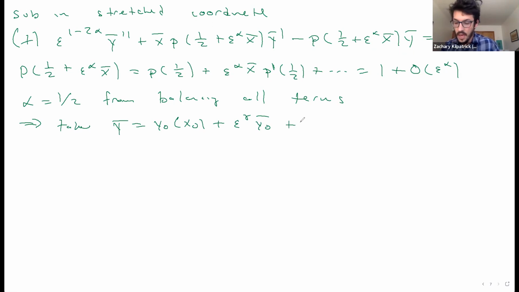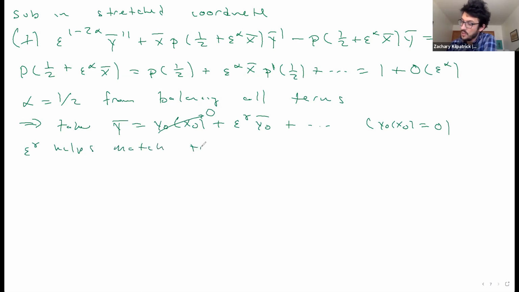In this case, if we plug in x equals 1/2 to our leading order solution, we get that y0 of x0 is equal to 0. So this part's just going to be 0. Really, the only thing I need to worry about here is this leading order term. My epsilon to the gamma is going to help match to the outer solution.